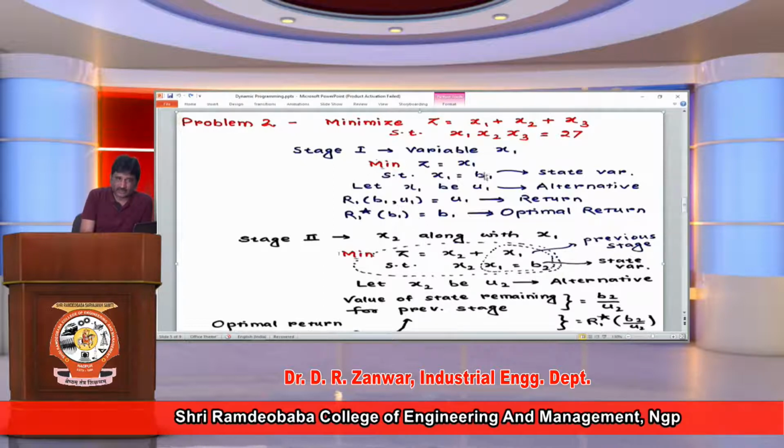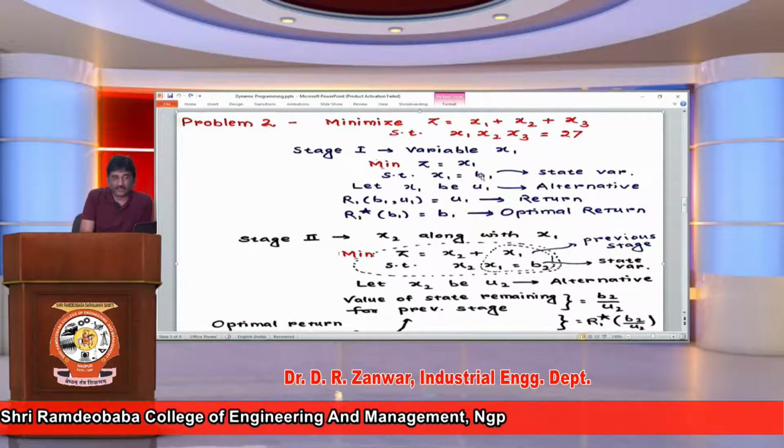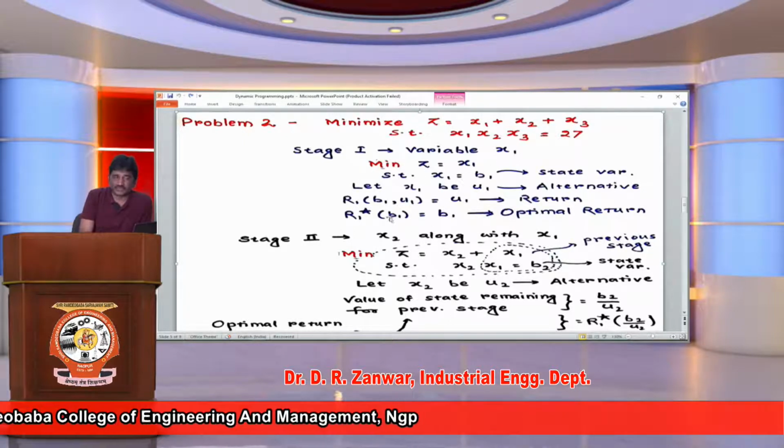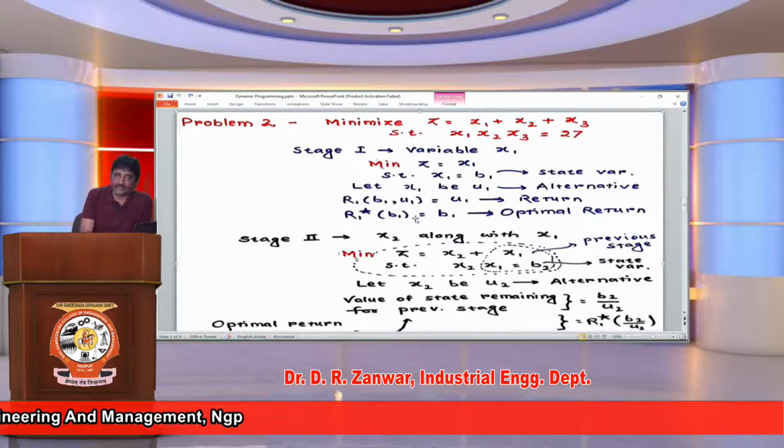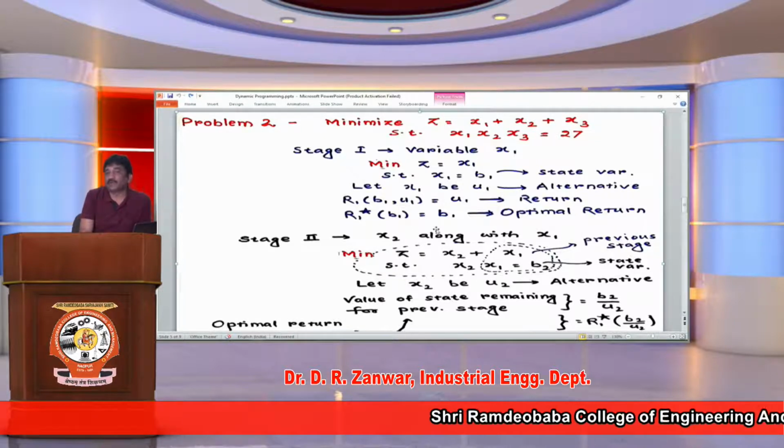Now that you know x1 is equal to b1, by putting this b1 in the objective function, you get r1 star, the optimal r1 as a function of b1, equal to b1 itself. This optimal return function gives us a way of finding the optimal return for any parameter passed to that function.